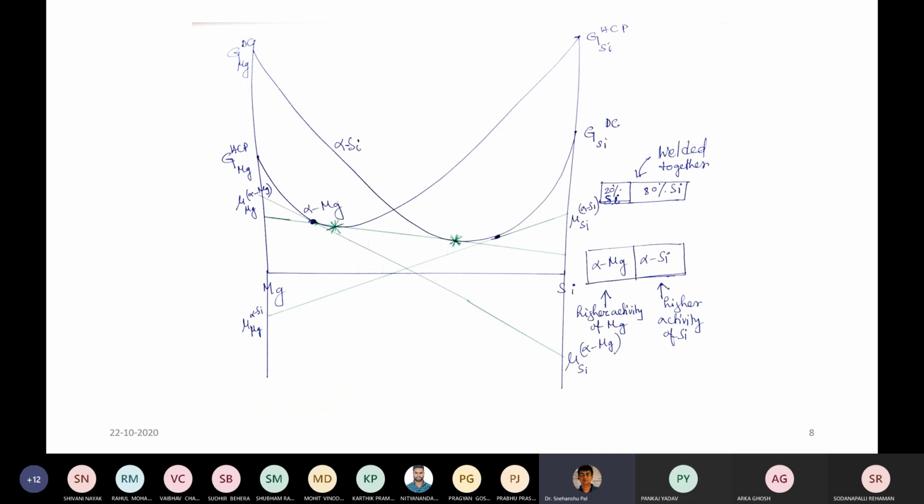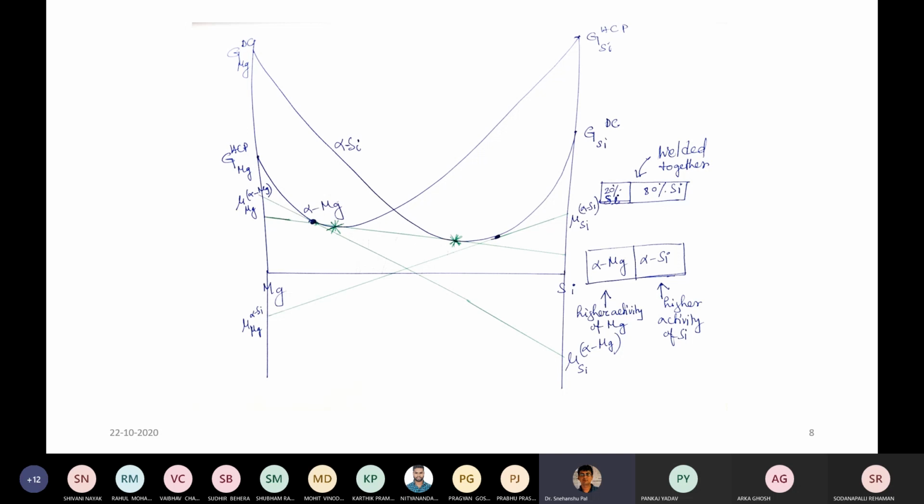For that, if you see, the chemical potential of silicon in alpha silicon phase should decrease, and in alpha magnesium phase the chemical potential of magnesium should decrease. How will it decrease? Only by diffusion.